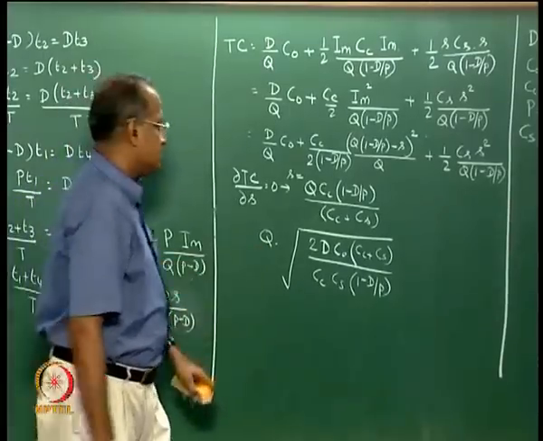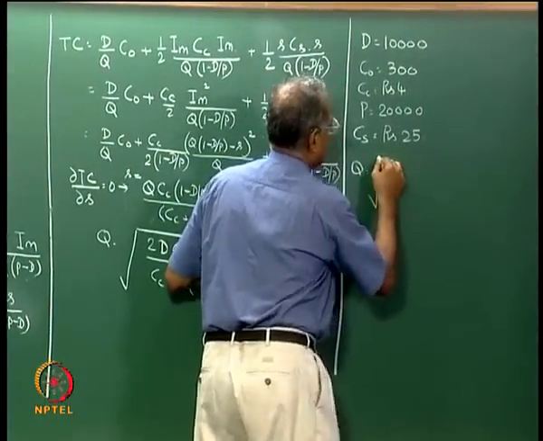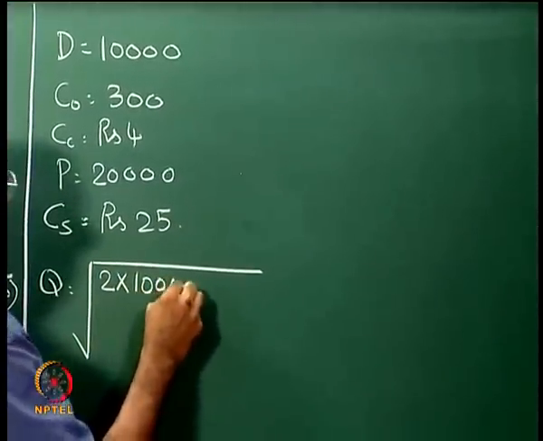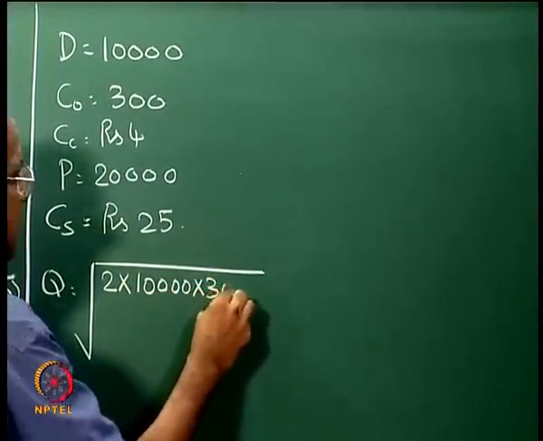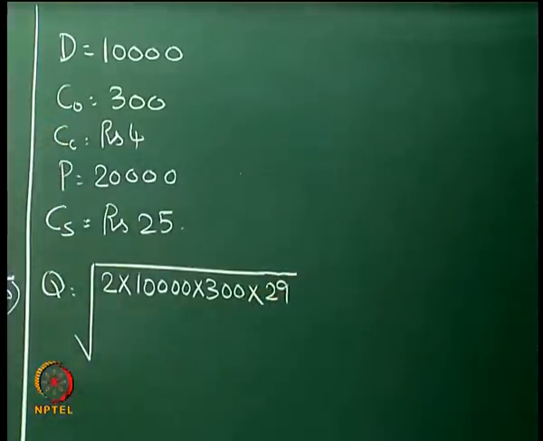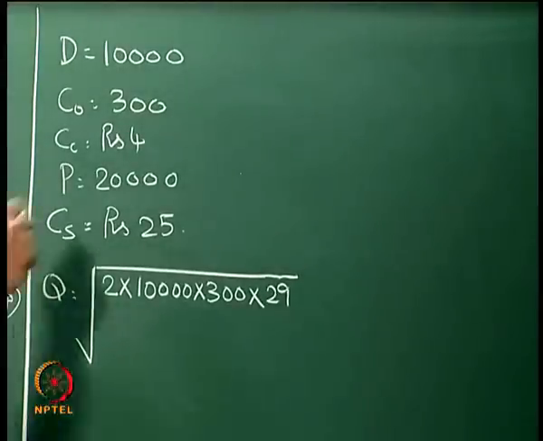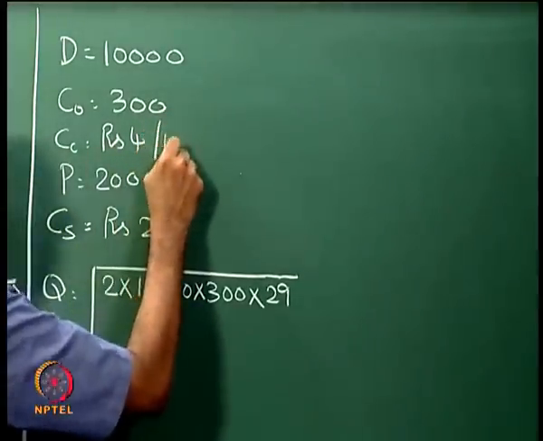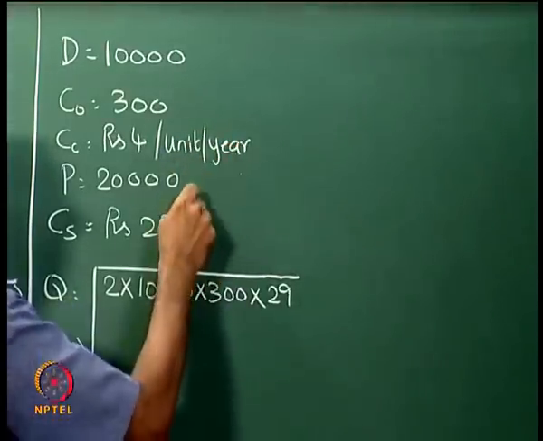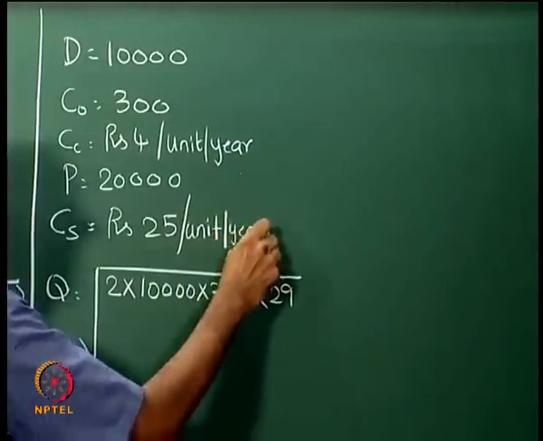So, once we consider this, the first thing we do is we need to find out Q. So, Q is equal to root over 2 into 10,000 into 300 into 29, which is CC plus CS, 25 plus 4. Note that both of them have a unit of rupees per unit per year, rupees 4 per unit per year, rupees 25 per unit per year.